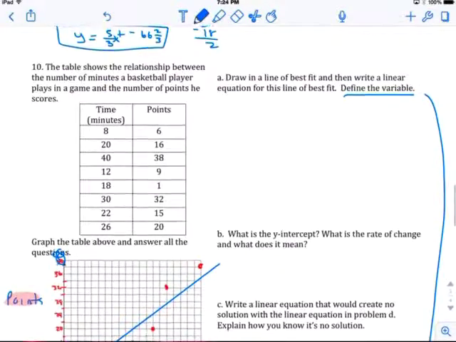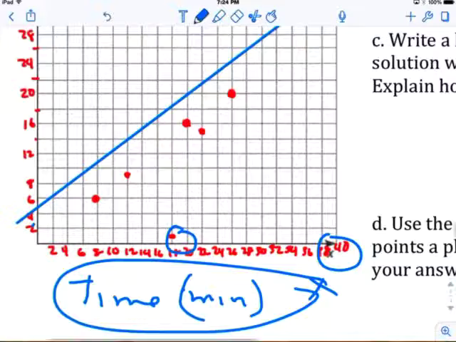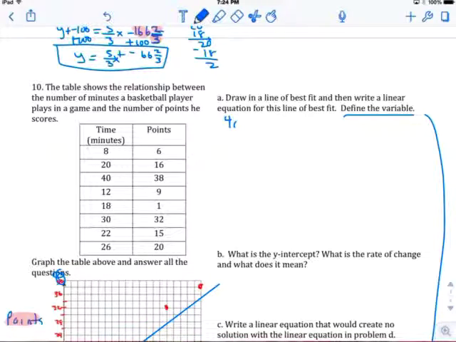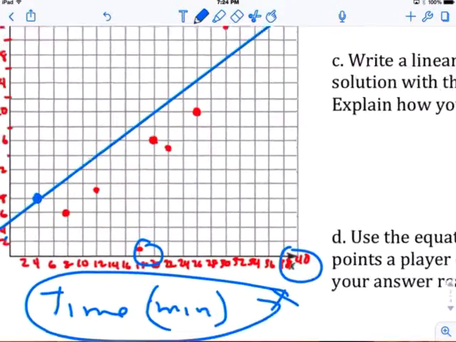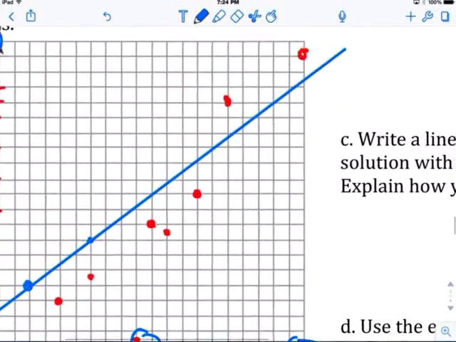All right. I'm going to pick 2 of my points. You pick 2 of yours. Because a lot of you, I got 4, 8. Maybe I need to do this so you know what to do. 12, 14.